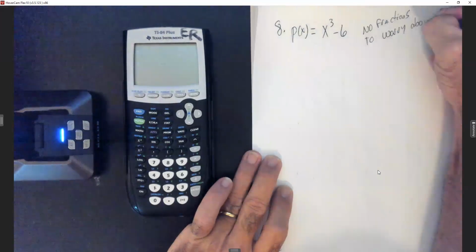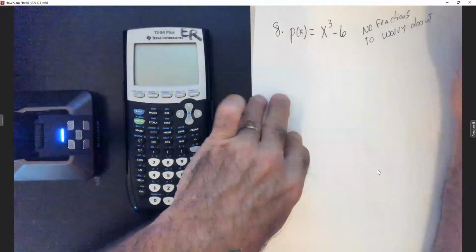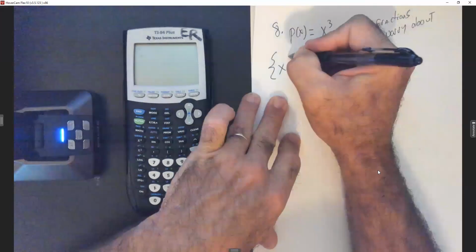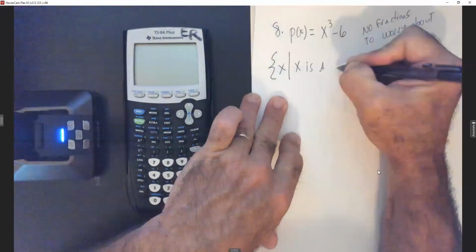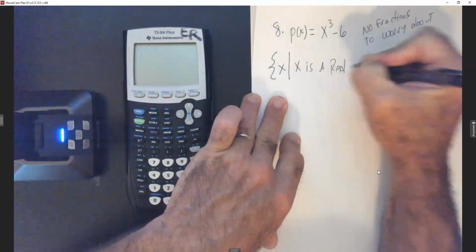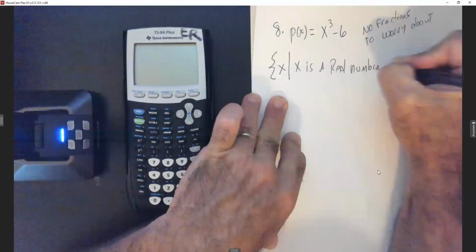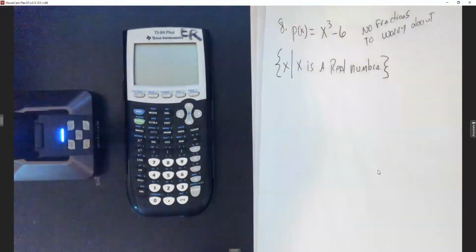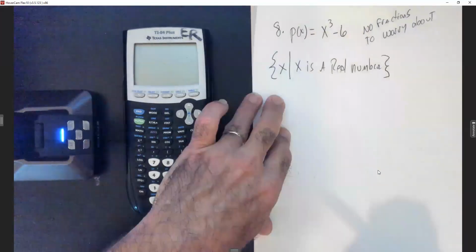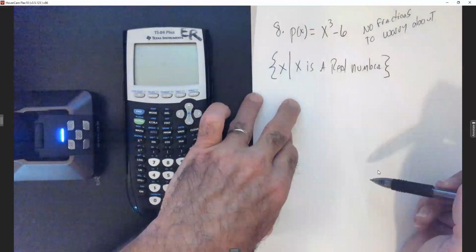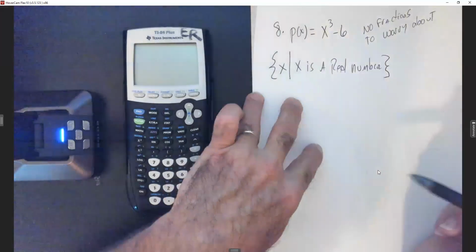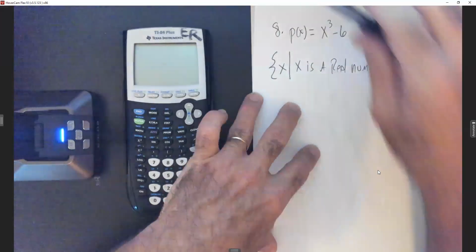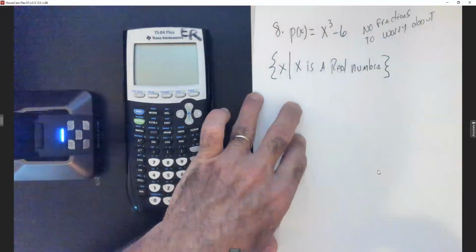So this domain will be all real numbers. So x such that x is a real number. Now, y'all, later on in life, when we hit chapter 5 and we do this domain again, we will throw stuff on the bottom with x squareds in it. So that's going to bring back your factoring skills, okay?